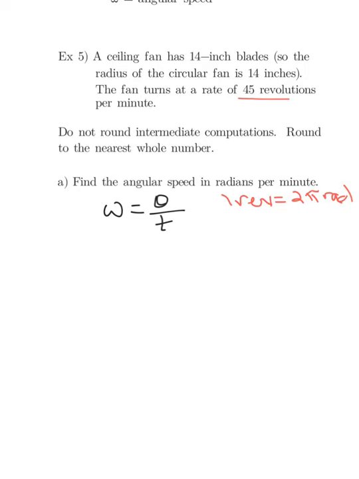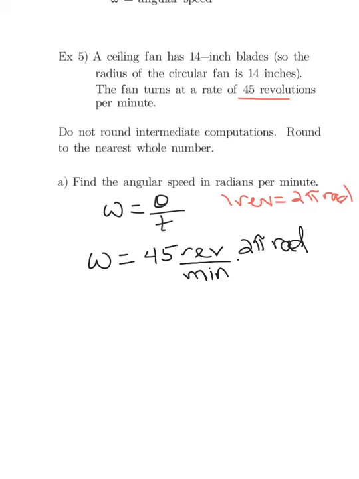So what we have to think about is that we are doing 45 of those 2 pi's. So we need to, just for omega, take 45 revolutions per minute times the 2 pi radians, because we are doing 45 of those 2 pi's.